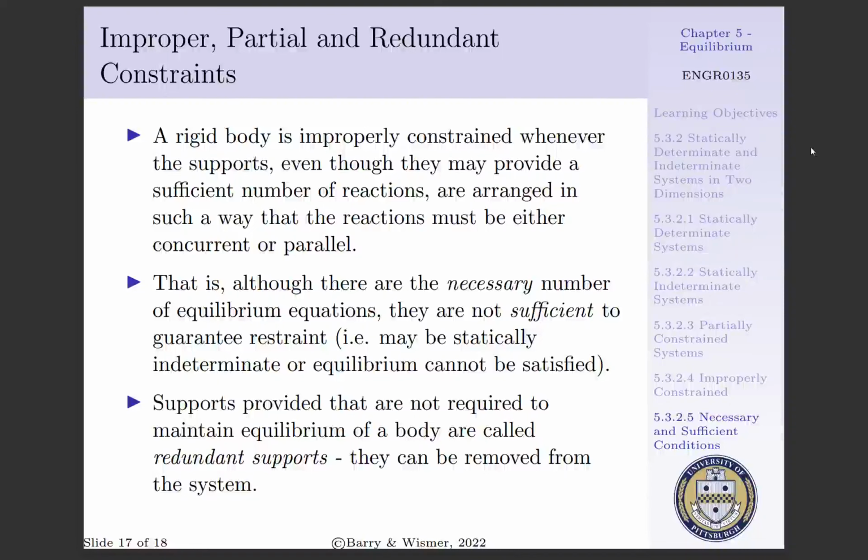This reflects a situation where we had 3 rollers at points A, B, and E. That is to say, although there are the necessary number of equilibrium equations and the proper number of unknowns, these unknown reactionary forces are not sufficient to guarantee restraint. That is, our problem may be statically indeterminate or equilibrium cannot be satisfied, i.e., our body wants to move.